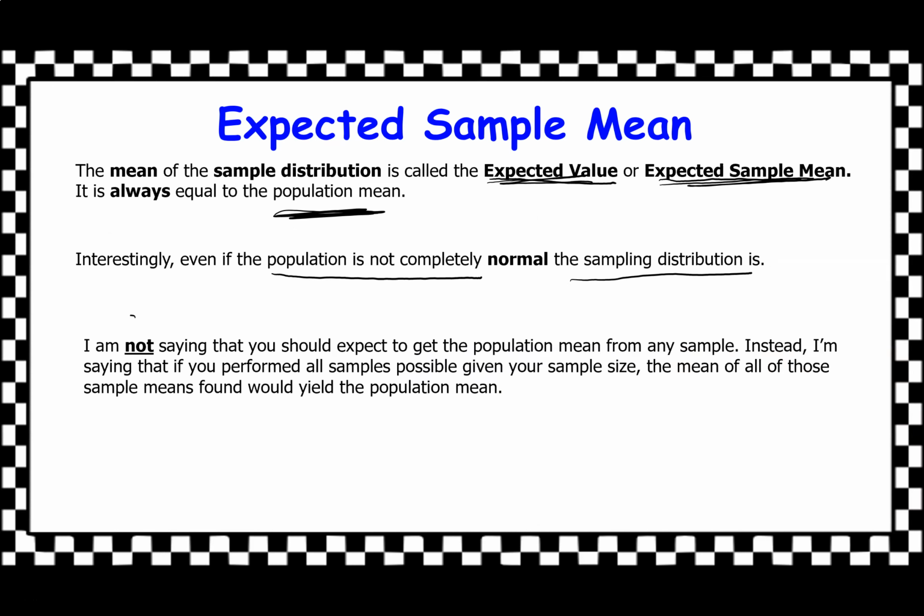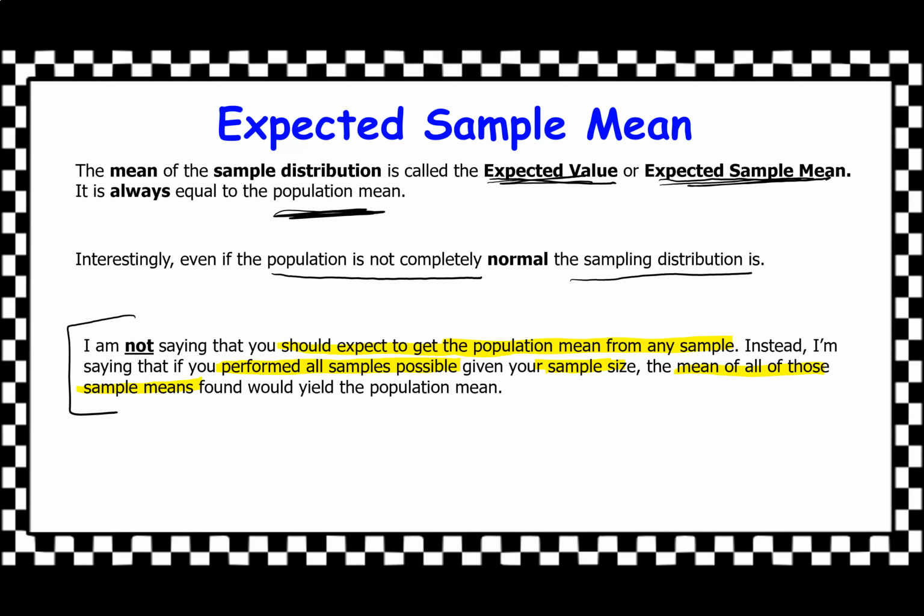I'm not saying, this is important, I am not saying that you should expect to get the population mean from any sample. I'm definitely not saying that. However, I am saying that if you performed all samples possible, given your sample size, the mean of all those sample means would yield the population mean.